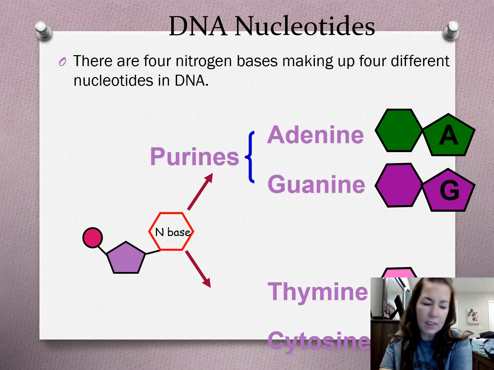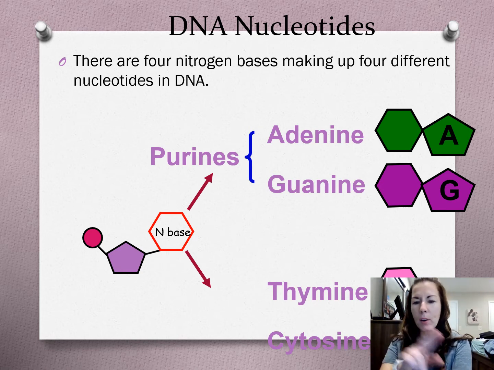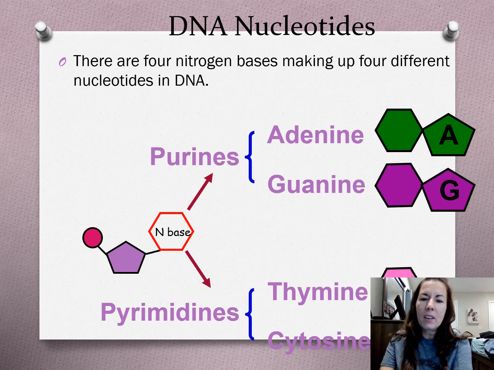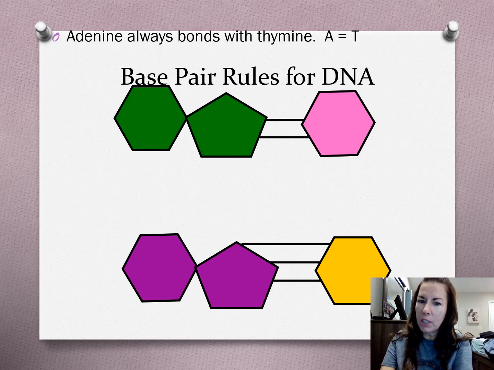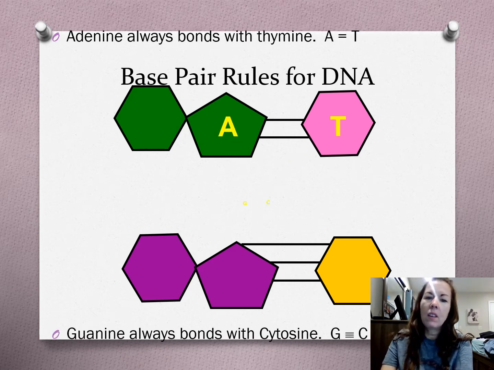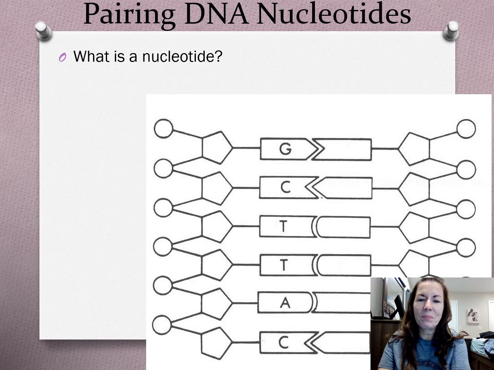The way I remember that is like chemistry, Ag is silver, and so I remember pure silver, which is kind of hokey, but it works. And then thymine and cytosine are the pyrimidines. And so there's complementary base pairing, and the rules don't change. So adenine always bonds with thymine, and guanine always bonds with cytosine when DNA bonds with DNA.